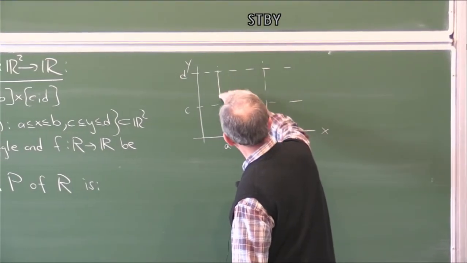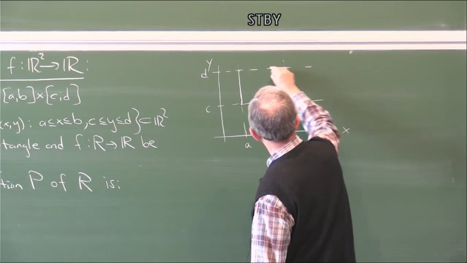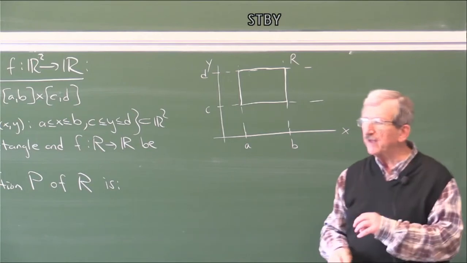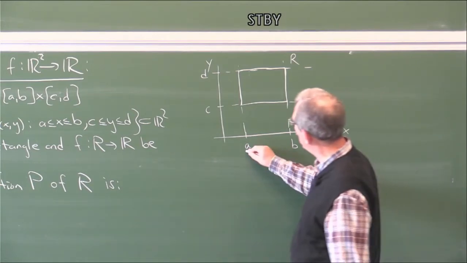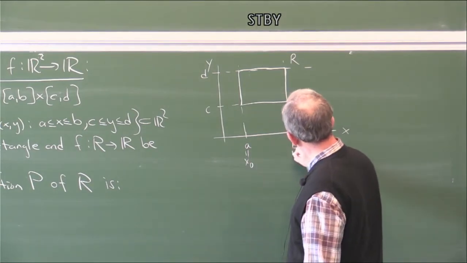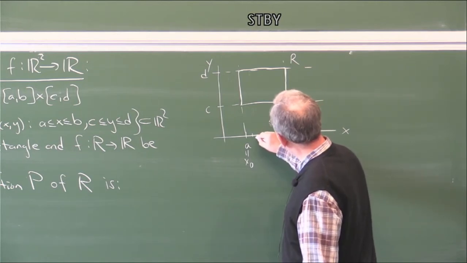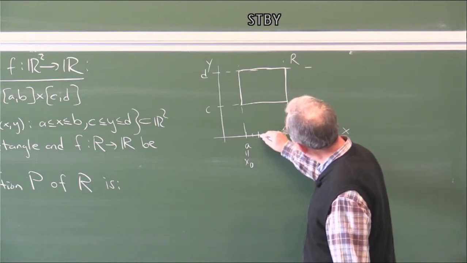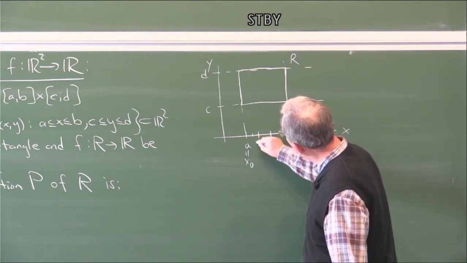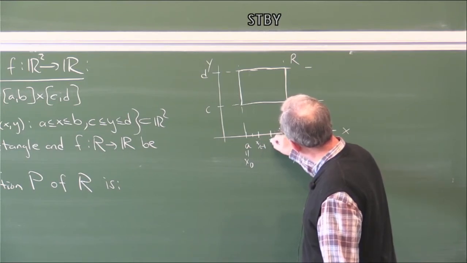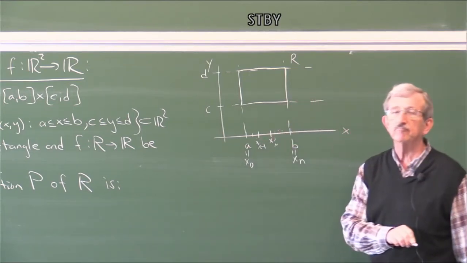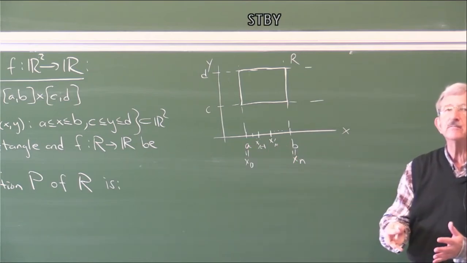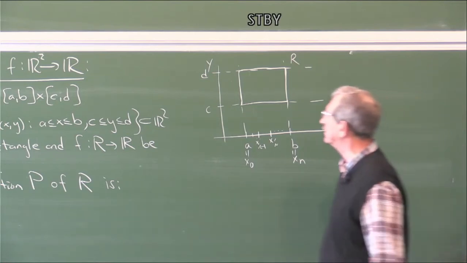So this is our rectangle. Now we divide that into pieces. So we will call this x0 as usual, this xn, and we will divide this into some pieces. Well, here somewhere I will have xi minus 1 and xi. So I divided the interval AB into n subintervals.